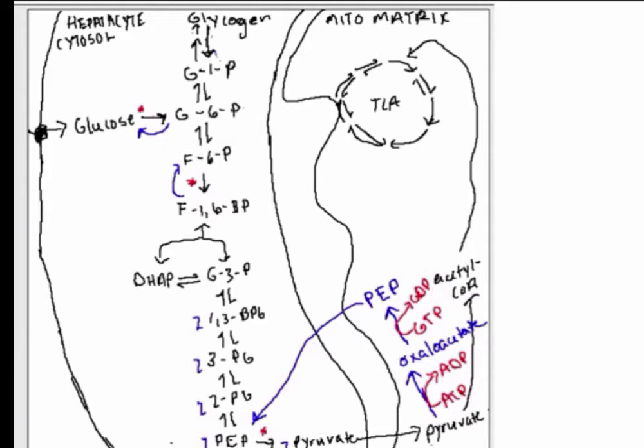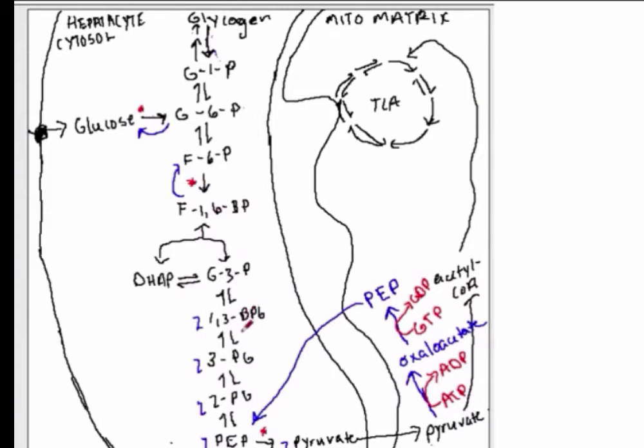Let's now trace the 6 steps between this step and the next metabolically irreversible step, knowing that all that happens there is simply the backwards or reverse reaction from what happened in glycolysis, because we recognize all of these steps as being near equilibrium steps.